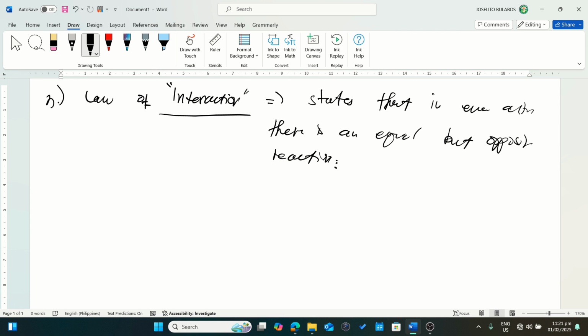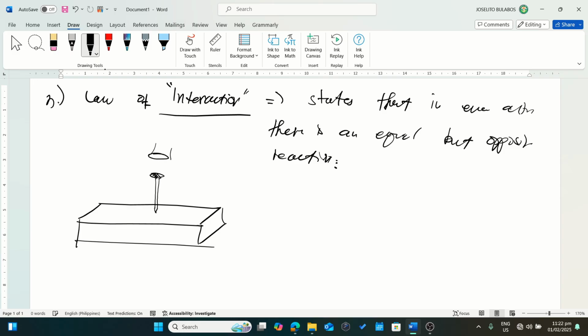In every action there is an equal but opposite reaction. Let's say we have here a piece of wood, and this will be our nail. We are going to hammer this nail.